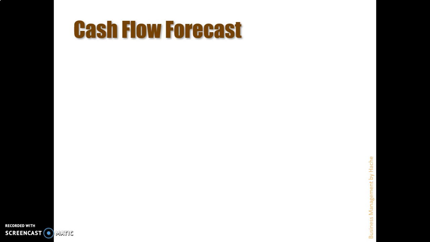This would lead us to the cash flow forecast, which is a document, a financial statement that makes predictions of the cash inflows and outflows over a given period of time. Obviously, this doesn't mean you have to make a cash flow forecast for a year. It usually takes 3, 4, 5, 6 months, so you can see in the short or medium term how the cash flow would look like for your business.